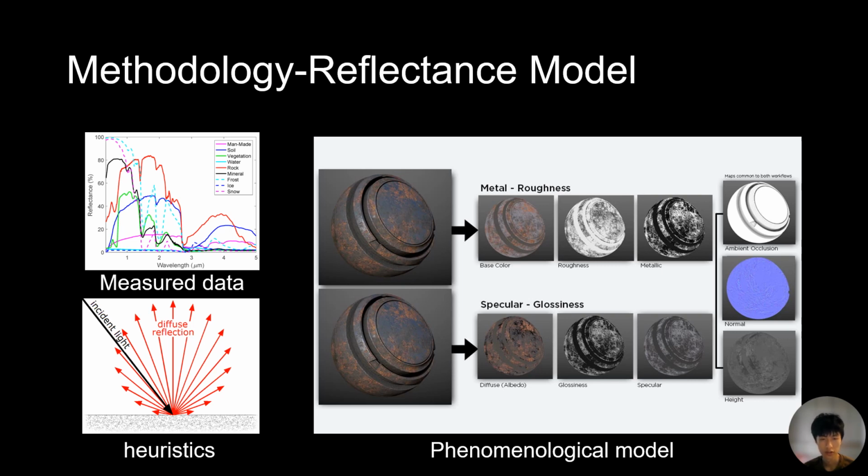It is worth noticing here that although two different phenomenological models, the metallic model and the specular model, are equally important in the field of graphics development, I would say that the metallic model has not gotten enough attention in previous research. Most research in computer graphics and neural rendering is based on the specular model instead of the metallic model. These two models are equal in terms of restoring a given scene.